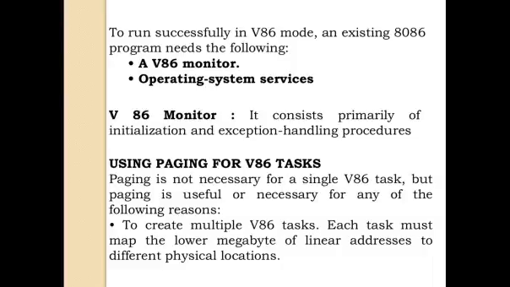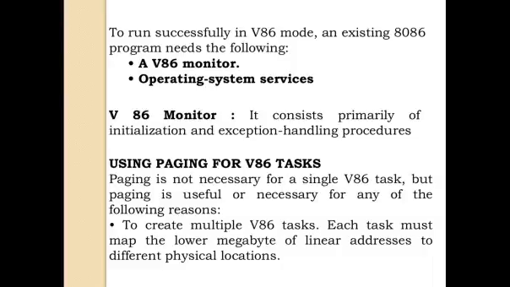Now when we want to execute successfully in the virtual 86 mode, an existing 8086 program needs two parts. The first one is the virtual 86 monitor, which will monitor activities of 86 code, and second, operating system services, which will support execution of 8086 code plus the monitor feature of 80386 code.